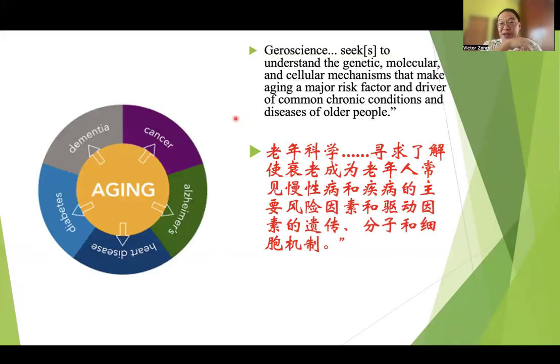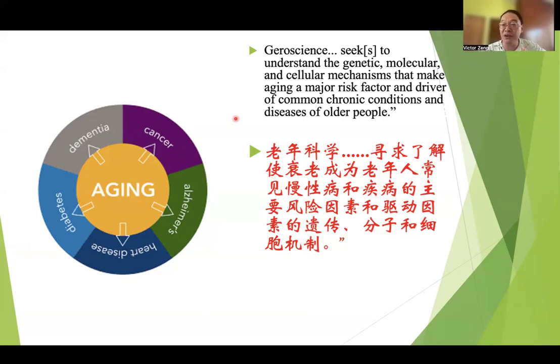Geroscience seeks to understand the genetic, molecular, and cellular mechanisms that make aging a risk factor and driver of common chronic conditions and diseases of older people.